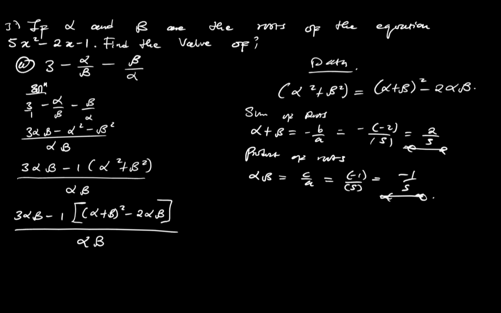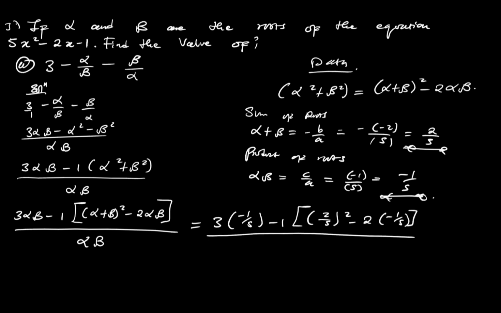Okay, so fractions are what we're dealing with. From here, we're going to have 3 times alpha beta, which is -1 over 5, minus 1 in brackets, the sum 2 over 5 squared minus 2 times alpha beta, which is -1 over 5, then over alpha beta, which is -1 over 5.